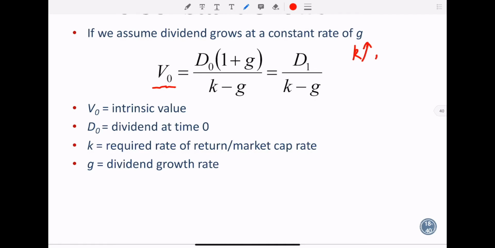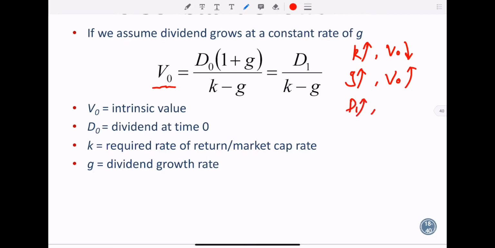You can see here, K is in the denominator. So if K increases, V0 decreases, right? What about G? You can see that if the growth rate is higher, then the denominator will become smaller. So the stock price will increase. Sorry, the intrinsic value will increase. What about D?